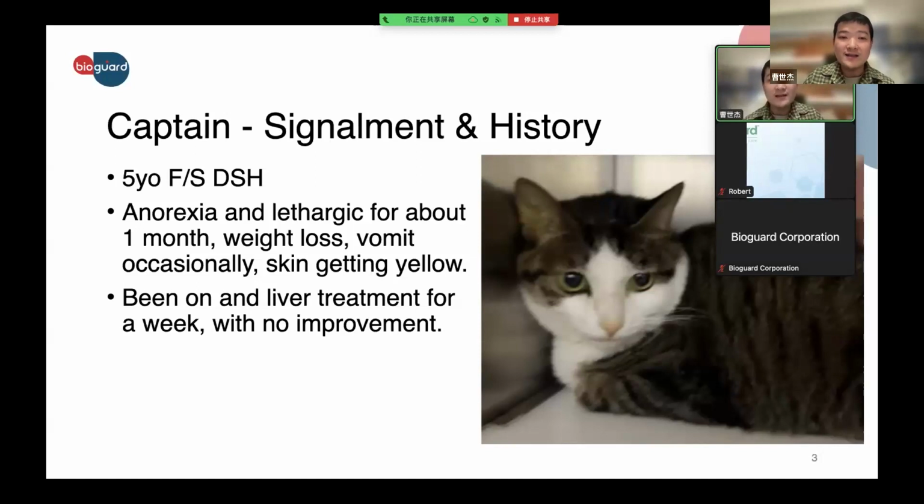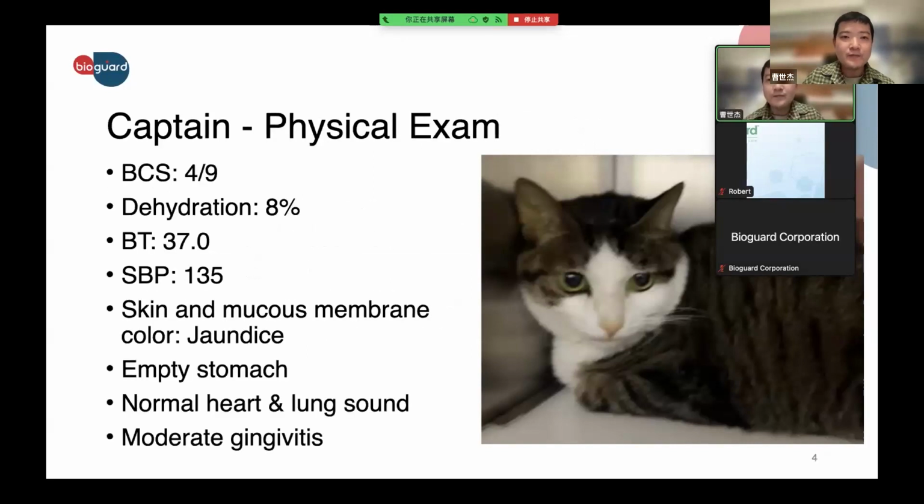The owner noticed the cat's skin also getting yellow, with no known reason why this happened. The owner first sent her to another clinic, received liver treatment for about 1 week, but there was no improvement. After that, the owner decided to send the case to me.